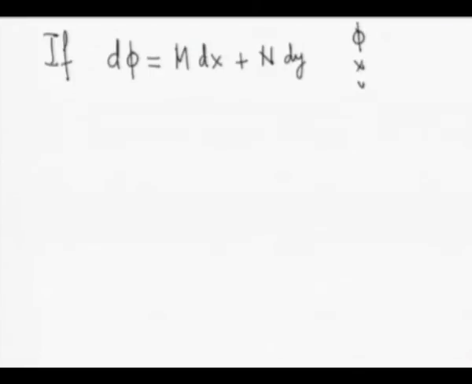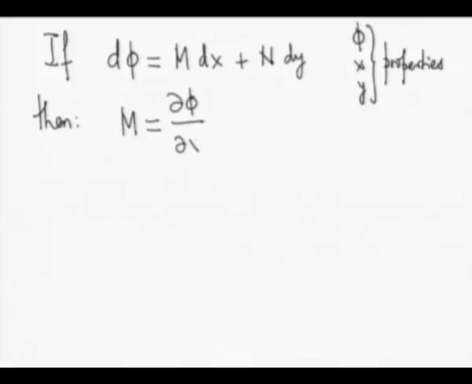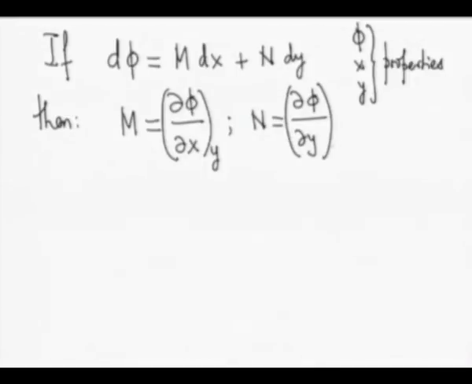That means if we come across a relation where d phi is m dx plus n dy, where in the thermodynamic language phi, x, y are properties, then we must have m equal to partial of phi with respect to x at constant y, and n equal to partial of phi with respect to y at constant x.